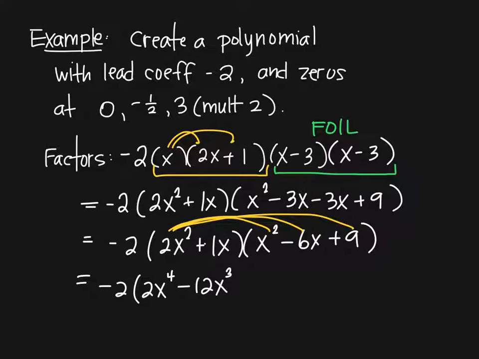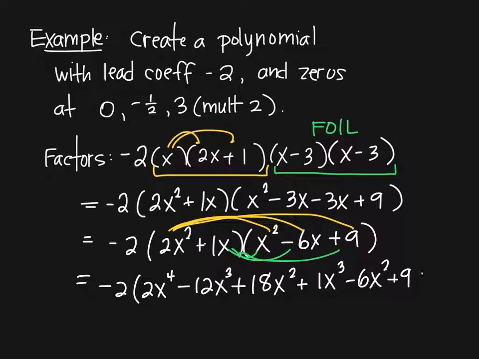And then 2x squared times the 9 at the end is 18x squared. The second half of superFOIL takes the 1x and does that to all 3 pieces. So we will have 1x cubed minus 6x squared plus 9x.